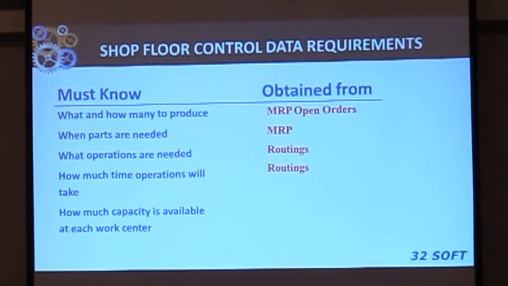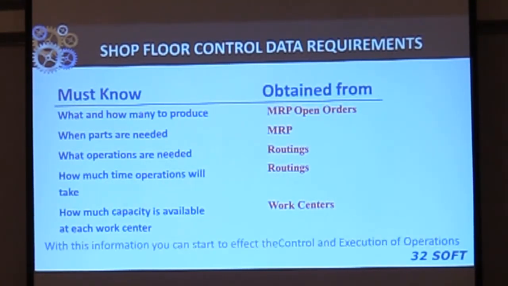How much time it takes to do those operations in terms of setup and run, or what we call the operation lead times, and in terms of what we call inter-operation lead times. We'll talk about those. And then the appropriate definition of work centers. With this information, you can start to affect the execution and control of operations out on the shop floor.